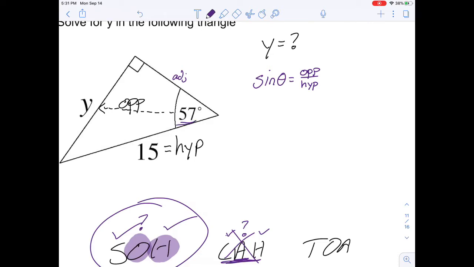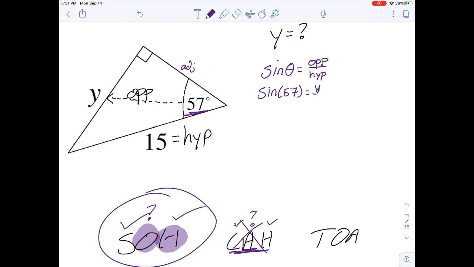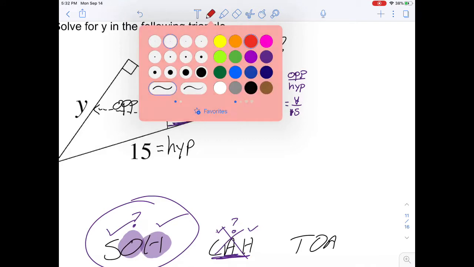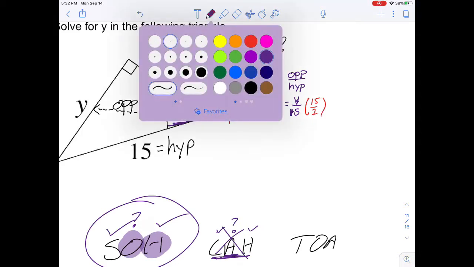Our angle is sine 57, and that equals, well, what is y? y is the opposite side length, so y on top, and our hypotenuse is 15. So now we have sine 57 equals y over 15. We can solve for y pretty easily here. y is already on top, so we don't have to manipulate. We just have to multiply both sides by 15 over 1 to get rid of 15, because now we have 15 dividing 15.